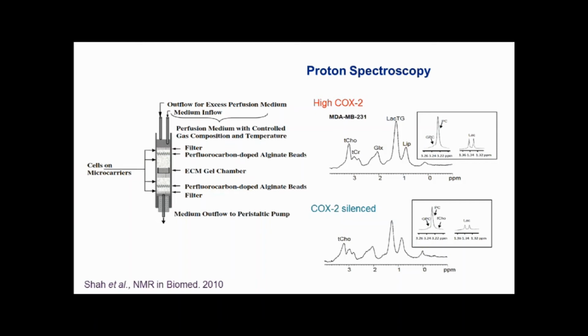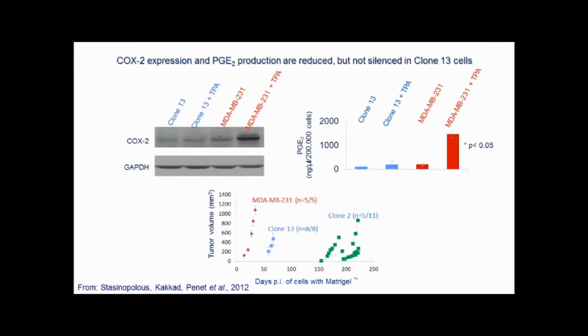So, of course, because these cells don't grow in vivo, we were not able to do this in vivo. But then we identified a clone which has decreased COX-2, but COX-2 is not completely wiped out. And with those cells, we could derive tumors in vivo.